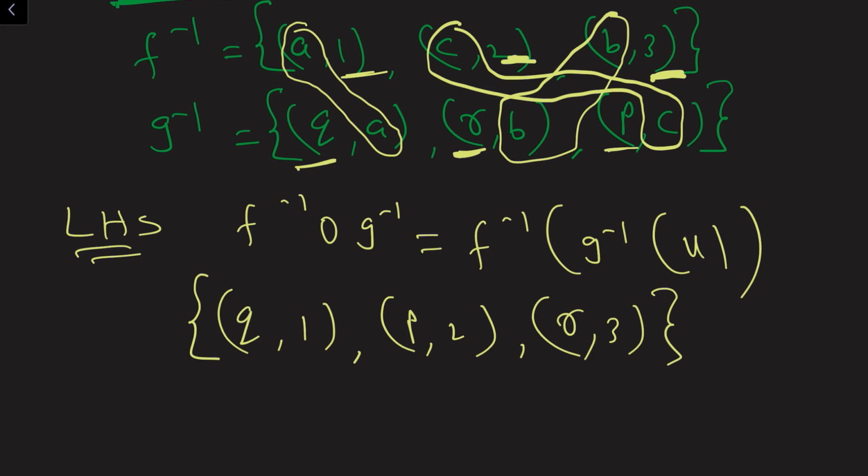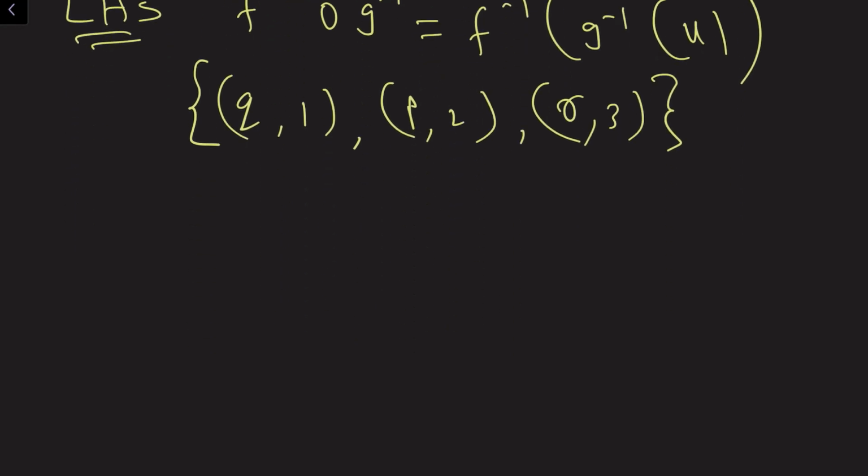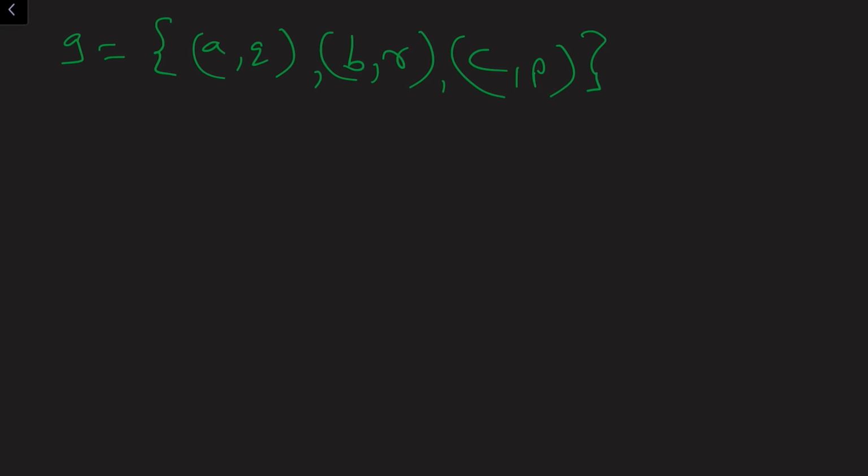Then we need to find the value of g of f whole inverse, that is the RHS. Before going to that, again I will write the g function: {(a, q), (b, r), (c, p)}. Then function f is given as {(1, a), (2, c), (3, b)}.